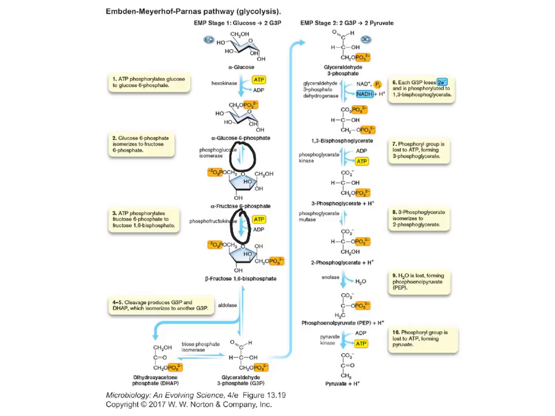These are the ones that are key to whether it's breaking down or synthesizing. As you can imagine, the irreversible steps are also key for the cell to regulate. So it's key for regulation.